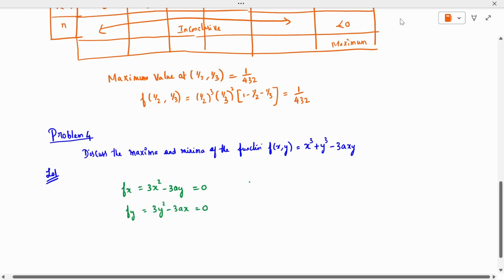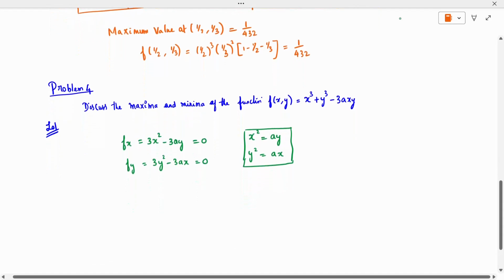So when I solve it, 3 I can cancel, x squared equal to ay, y squared equal to ax. This is the equation I'm getting. From this I need to find the points. This I can write as y equal to x squared by a, and this as x equal to y squared by a.